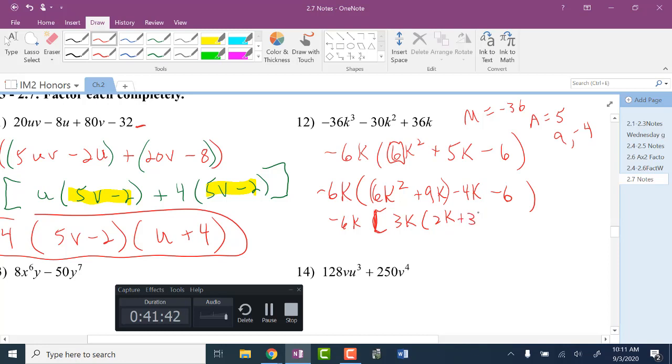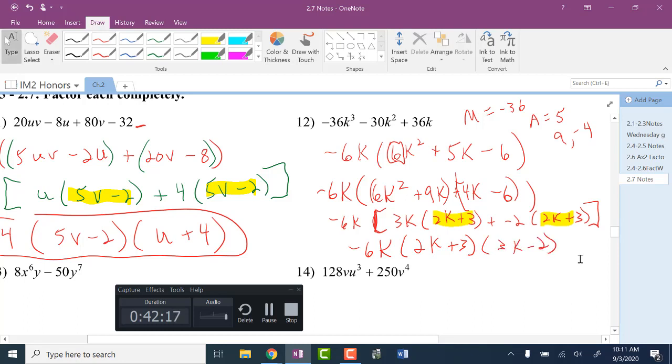And then in the second group, you have to pull out a negative 2. And luckily, you are left with a 2k plus 3, which is equal parentheses, the only way grouping works. Final answer, GCF, 2k plus 3 pulled out, GCF again inside those parentheses, and a 3k minus 2 left over.